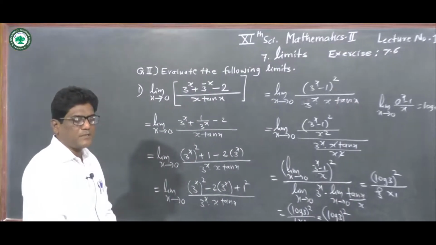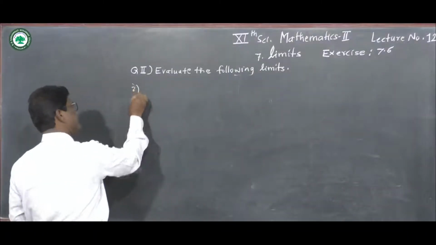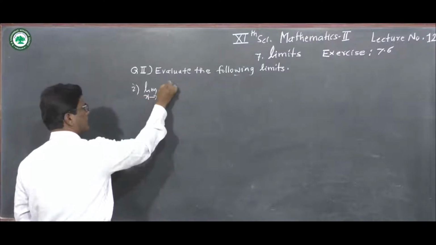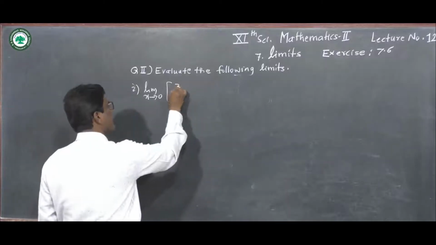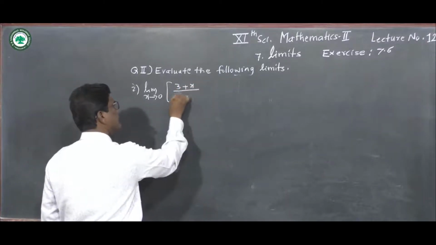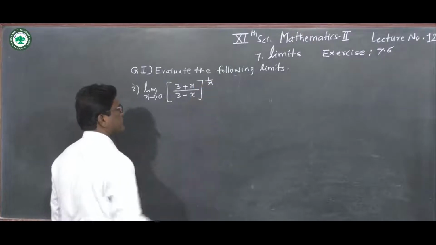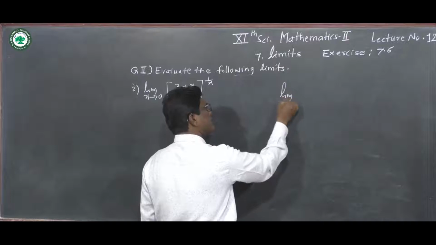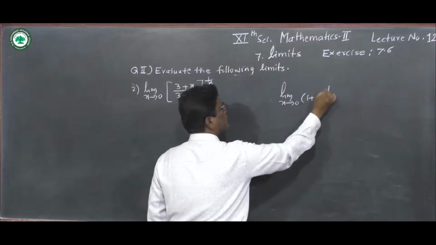So this is the solution of the first problem. Now see here, second problem: limit x tends to 0, (3 plus x upon 3 minus x) to the power 1 upon x. Now we have seen the formula: limit x tends to 0, (1 plus x) to the power 1 upon x.